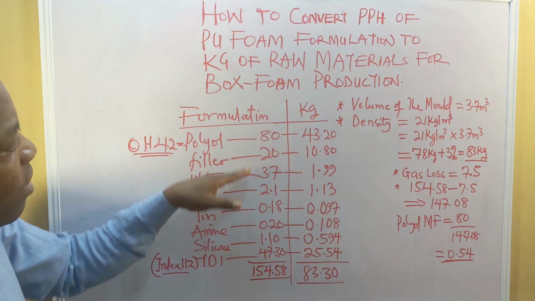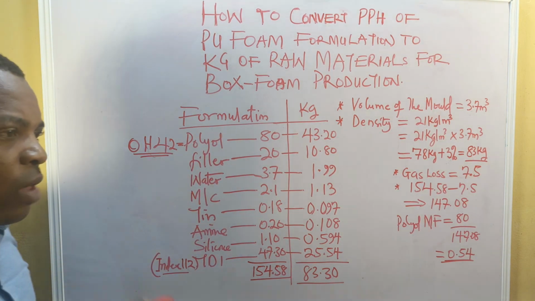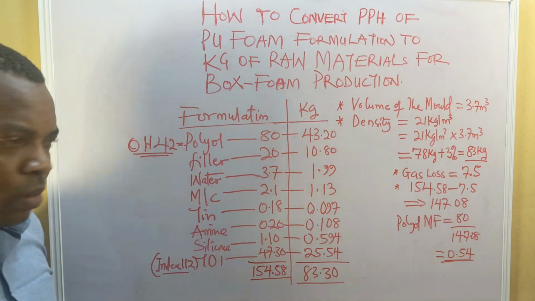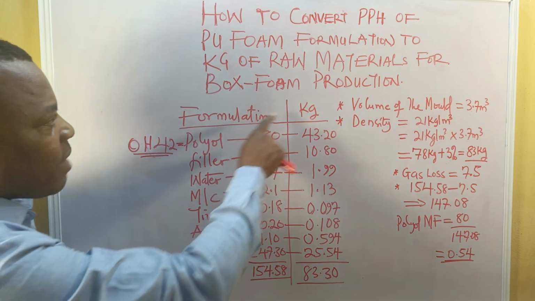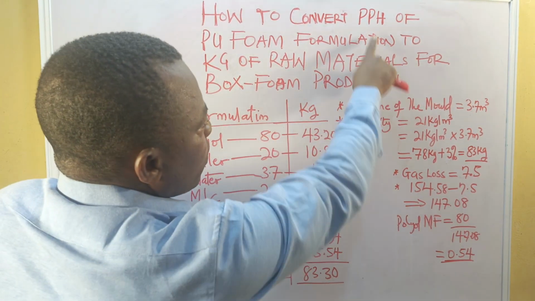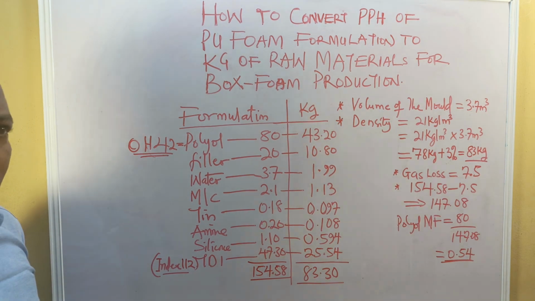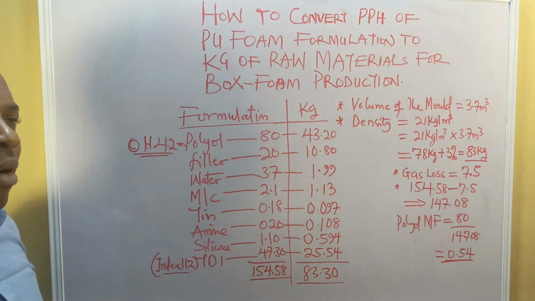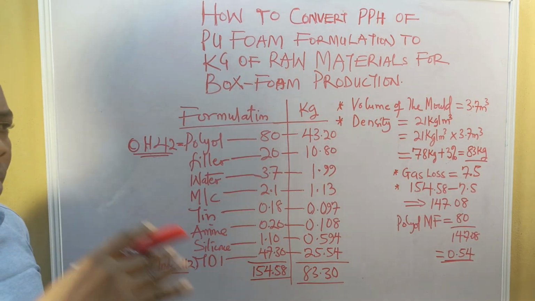Now, looking at this formulation, I did say that in the PU foam industry, formulations are designed in parts per 100. Okay, 100 in the sense that all other raw materials depend on this 100.